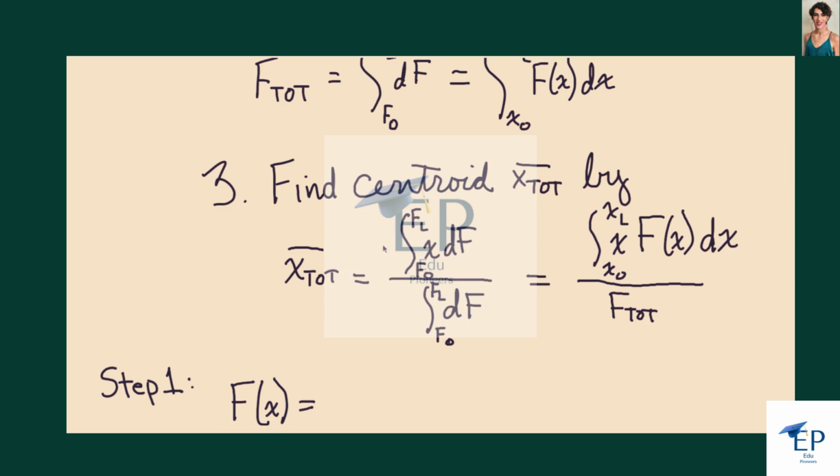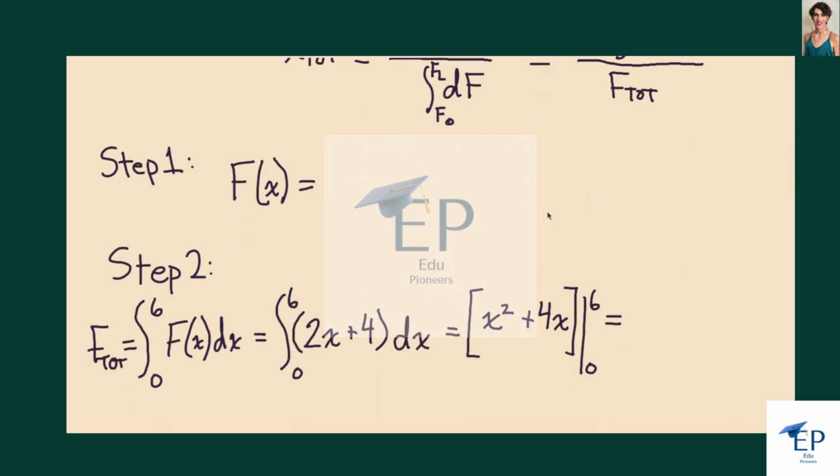Breaking this expression down further, this differential load density we can express as f of x times dx, the infinitesimal over the span of the beam. So, let's get started with step 1 here.